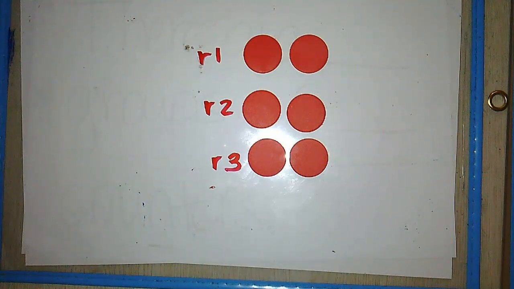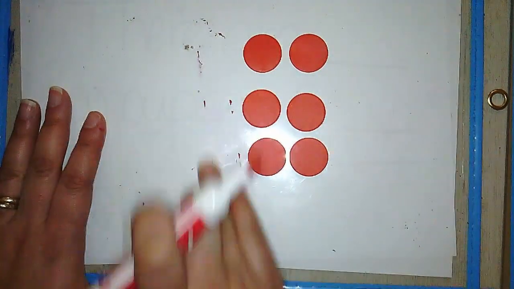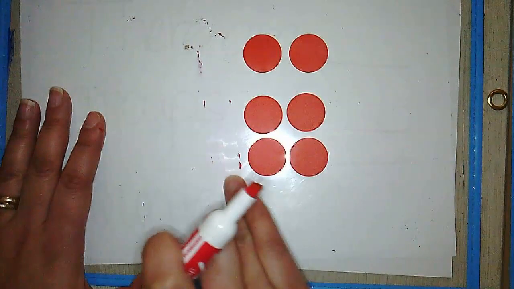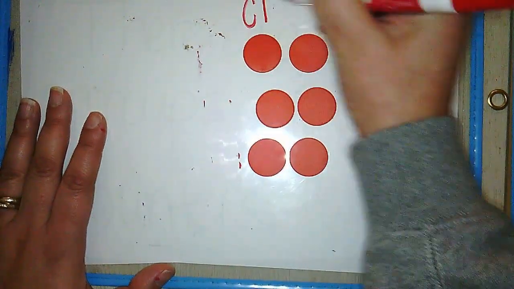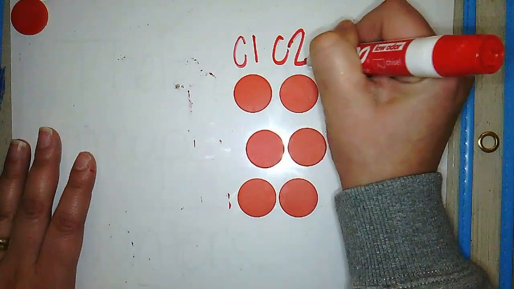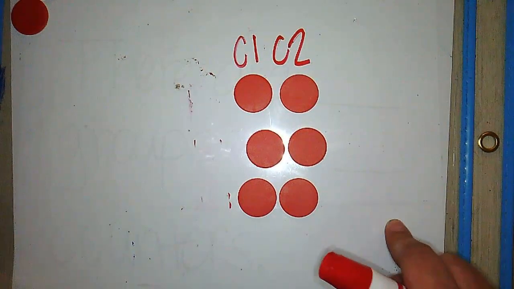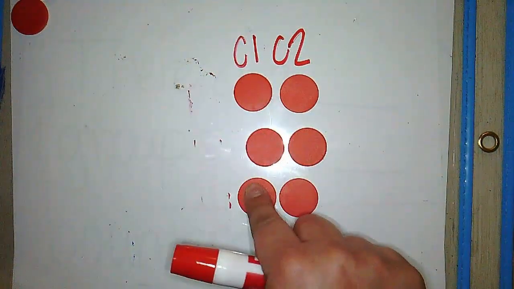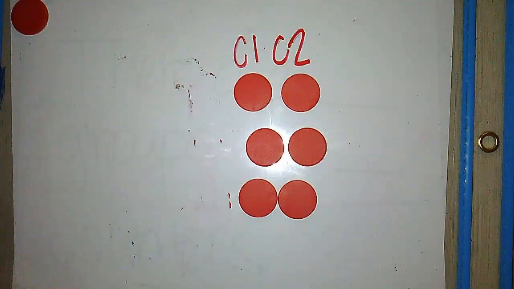Now, we're going to count the columns together. We're going to start with the column on the left and move at the top with me. This is column 1, column 2. Are you ready? Count 1 column. Go. 1, 2, 3. Count the other column. 1, 2, 3. How many counters are in each group?